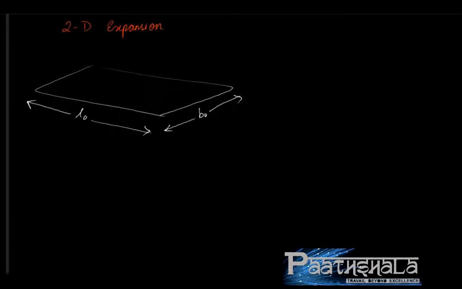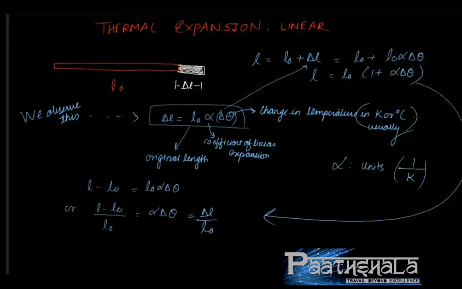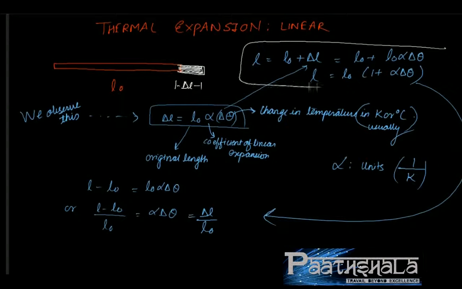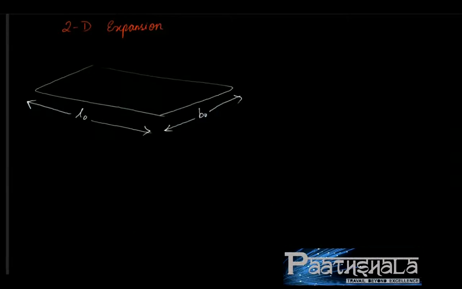So each and every linear dimension is going to expand according to our earlier result. This is how linear dimensions expand when heated. So in a sheet, each and every dimension is going to expand linearly. There are two dimensions.